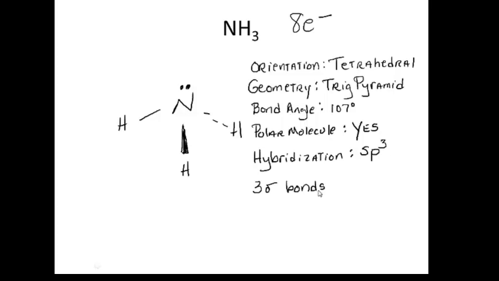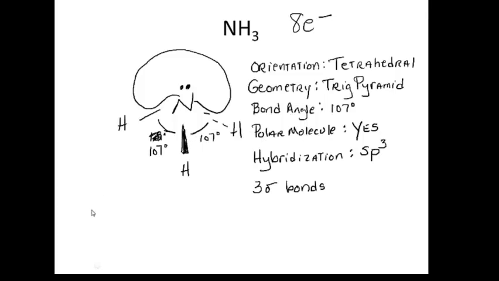Bond angles, because the lone pair requires much more room than the bonded, and I'm going to draw it. What happens is that the electron cloud of the lone pair squeezes these guys down closer to each other at 107 degrees. The original was 109, but the lone pair squeezes them down to 107. Lone pairs need more room than bonded pairs.